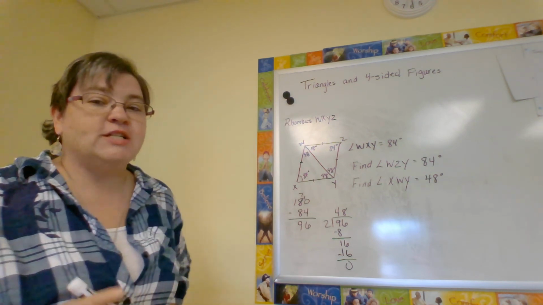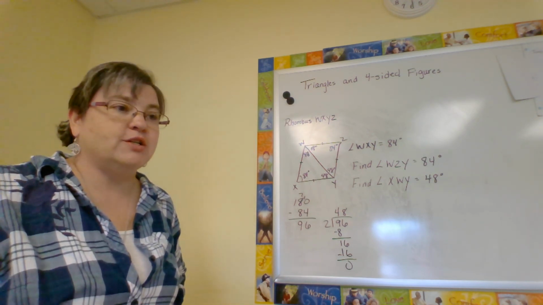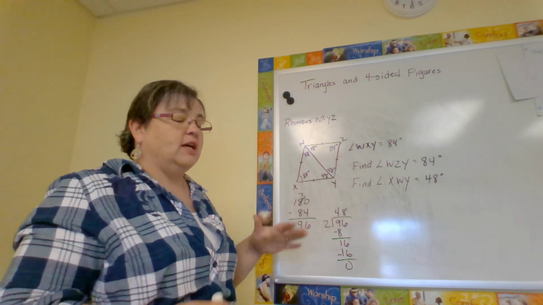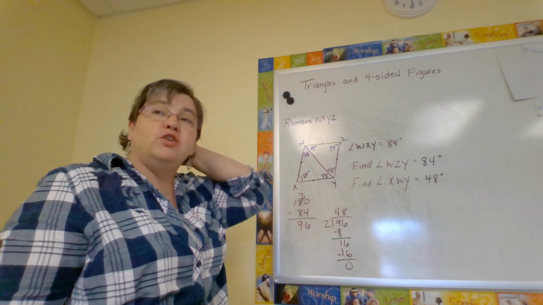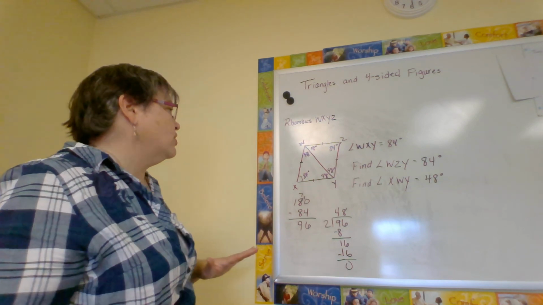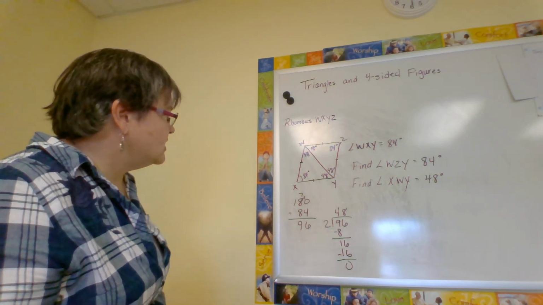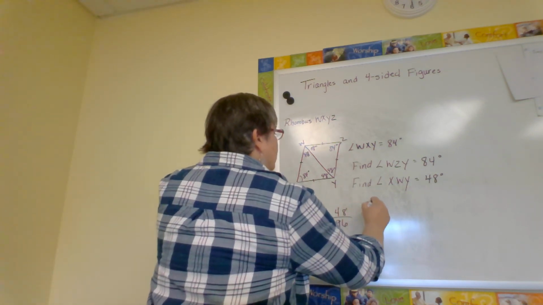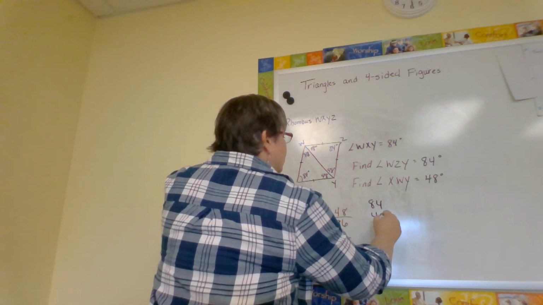This is not as hard as it seems. Once you have learned the rules of geometry and the different figures, you can figure out just about any angle. To check this, we would add 84, 48, and 48.